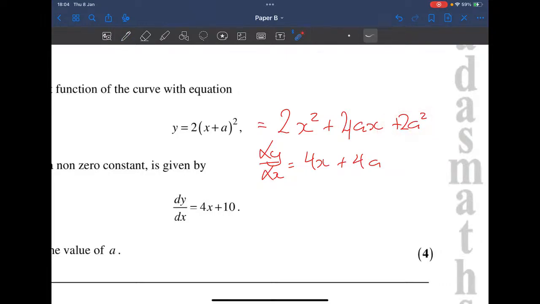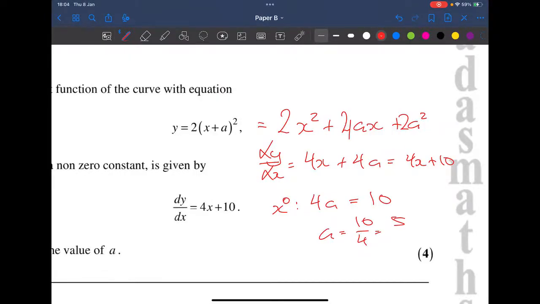So now this thing should equal 4x plus 10. So if we just look at the powers of x where x is 0, on the left-hand side we get 4a, on the right-hand side we get that 10. So a is 10 over 4, which is 5 over 2.